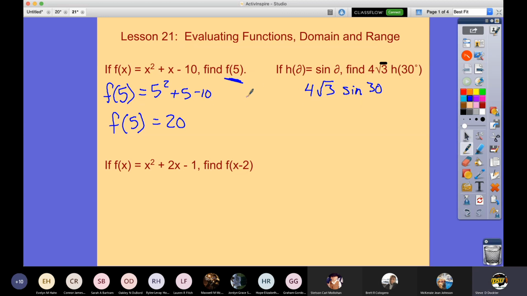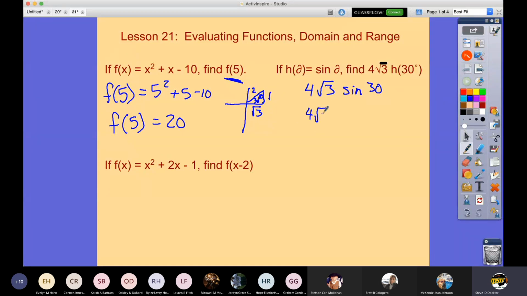All right, so really quick with what we just did, we could draw out this triangle, 30, 60. All right, you've just got to be able to read this. So this would be a 1, square root of 3, and a 2. Sine of 30 would be opposite over hypotenuse.